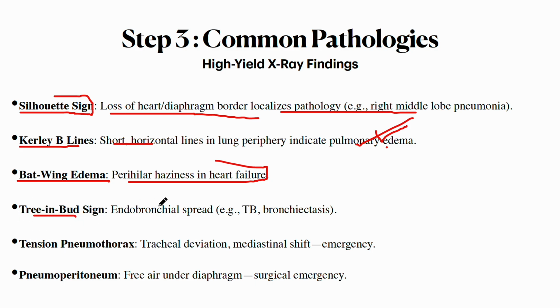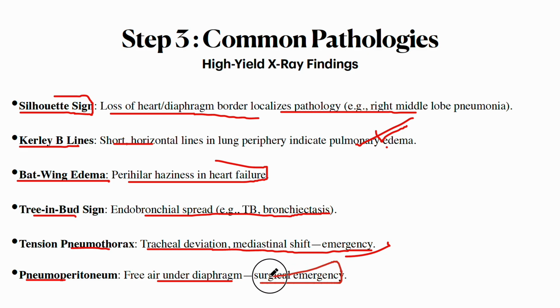The tree-in-bud sign is present in endobronchial spread as in TB and bronchiectasis. In tension pneumothorax, there is tracheal deviation and mediastinal shift, and it is an emergency. And pneumoperitoneum, free air under the diaphragm, is a surgical emergency. These are specific findings, right?